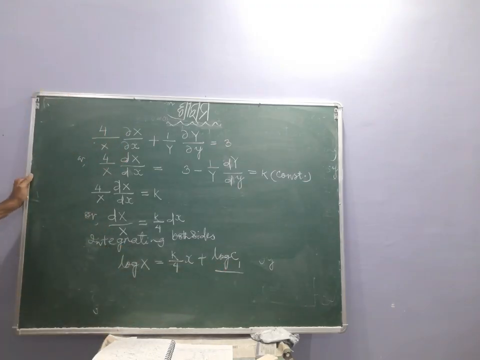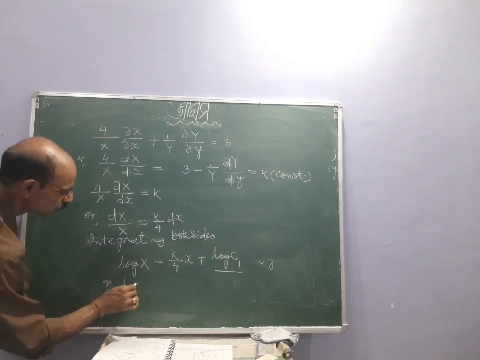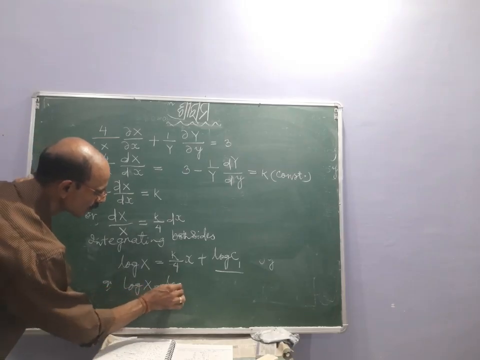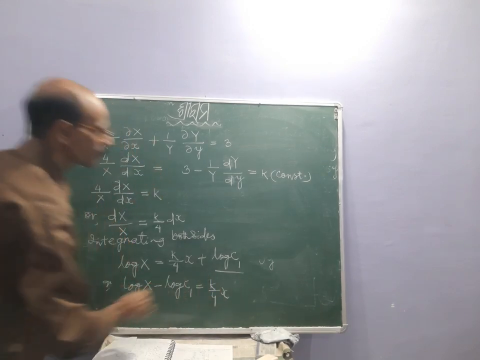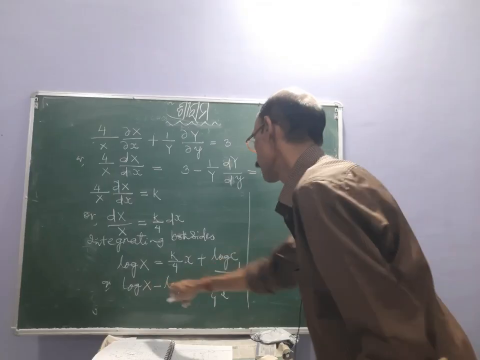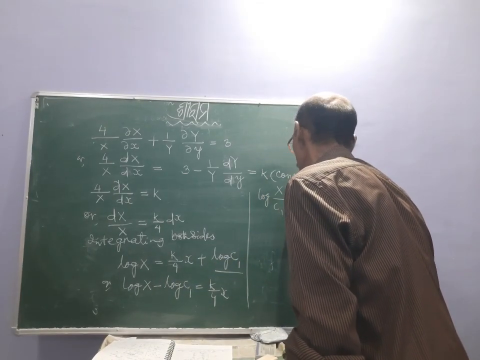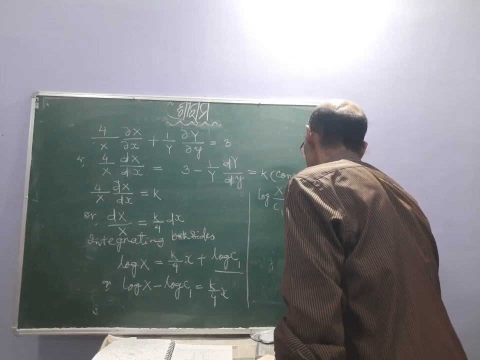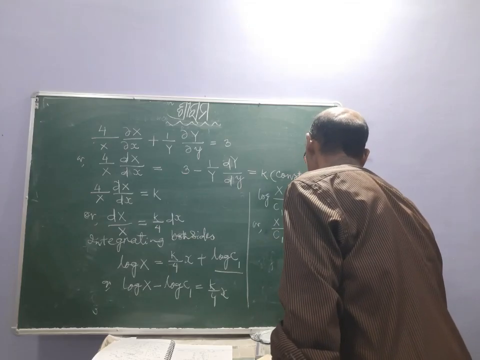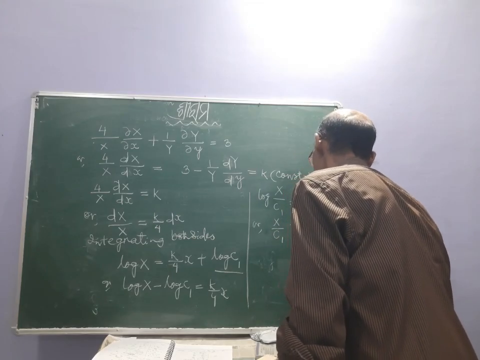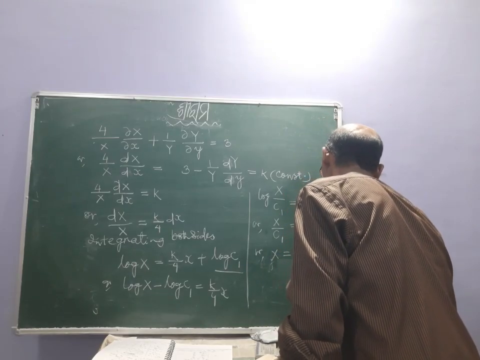This is the integration constant. Then as usual, bring this to this side, so log X minus log c1 is equal to k by 4 x, or using the log a minus log b formula, log a by b, log X by c1 is equal to k by 4 x. This implies X by c1 is equal to exponential k by 4 x, or X is equal to c1 exponential k by 4 x.